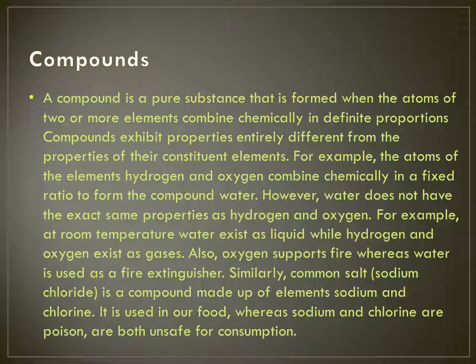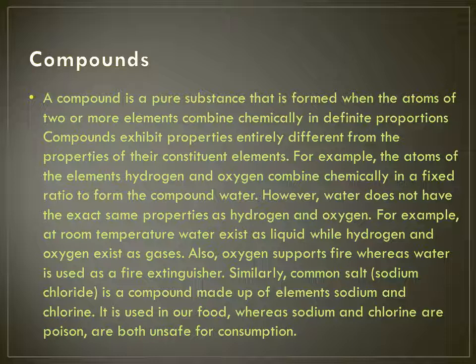Compounds. A compound is a pure substance that is formed when the atoms of two or more elements combine chemically in definite proportions. Compounds exhibit properties entirely different from the properties of their constituent elements. For example, the atoms of the elements hydrogen and oxygen combine chemically in a fixed ratio to form the compound water.